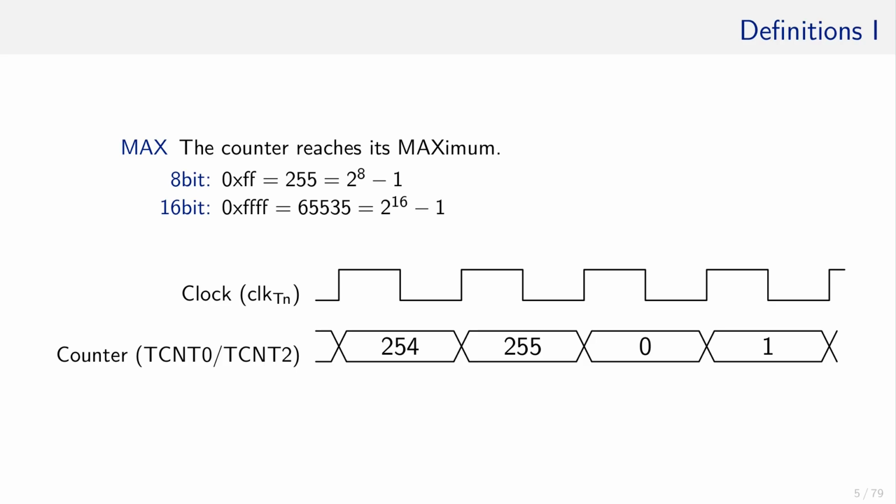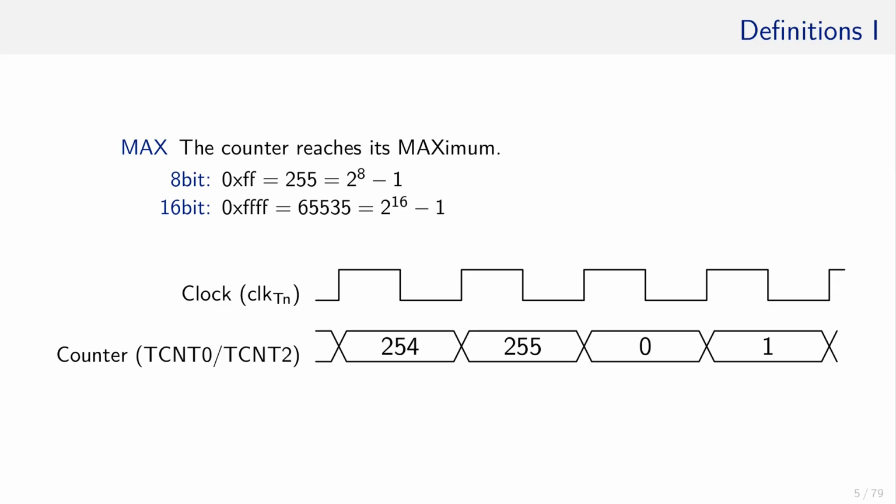For 16-bit counters, it is FFFF in hexadecimal or 65,535 in decimal format. What happens if a TCNT reaches max? Well, it's quite simple. It does not care and keeps incrementing. However, at max plus 1, there are no bits available anymore to represent that number. So the counter overflows and restarts from 0.